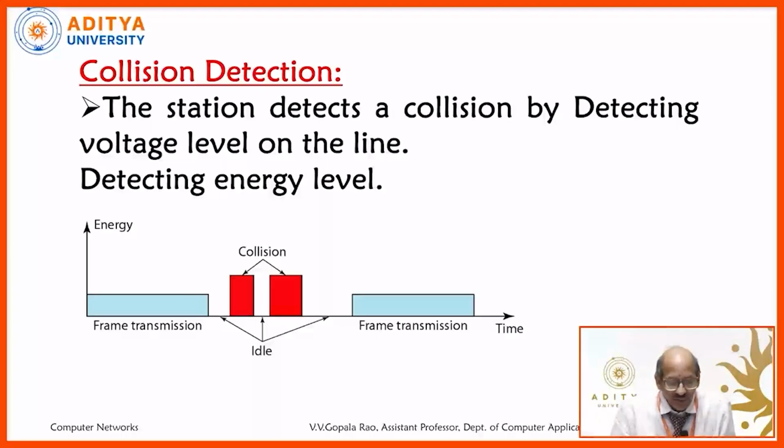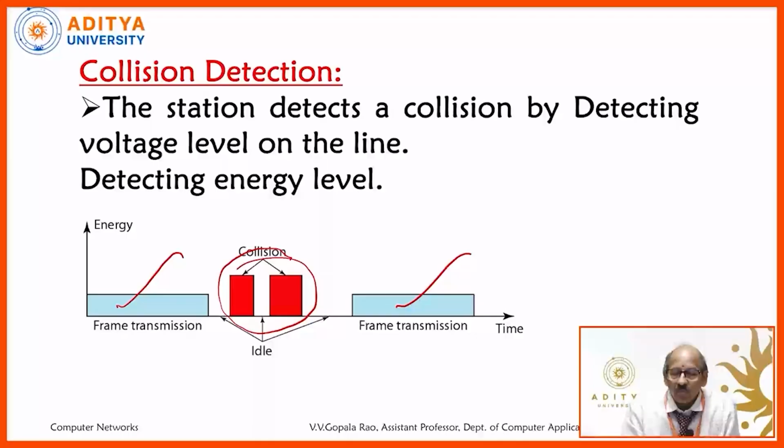So this way you can identify how CSMA/CD is going to work out. Now in this case of collision detection, how do you say that the collision is detected? You have to maintain an energy level or voltage level diagram like this, and whenever a collision takes place, automatically the energy level will be doubled. So instead of the normal level of energy, whenever it is doubled or more, then it reflects that a collision is taking place.